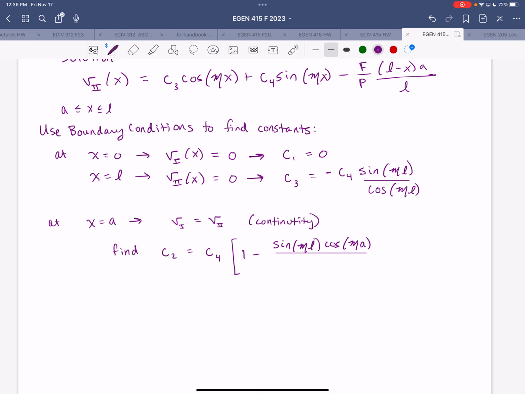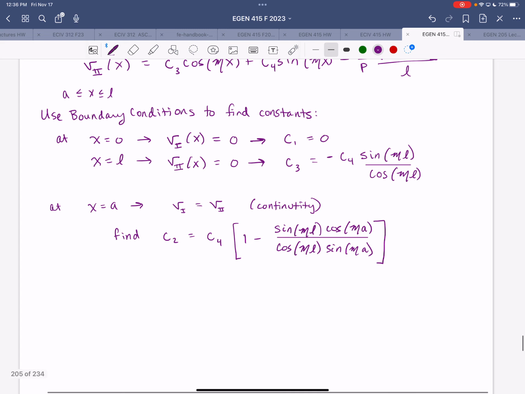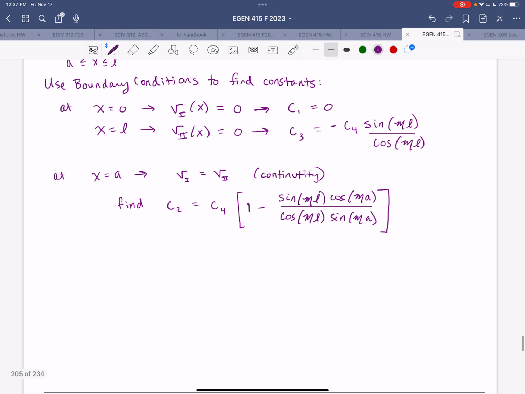And then in the denominator, we will have cosine of mL and sine of ma. All right, so far we have C1 is 0, we have C3 in terms of C4, and C2 also in terms of C4. So then our last boundary condition will complete the puzzle.